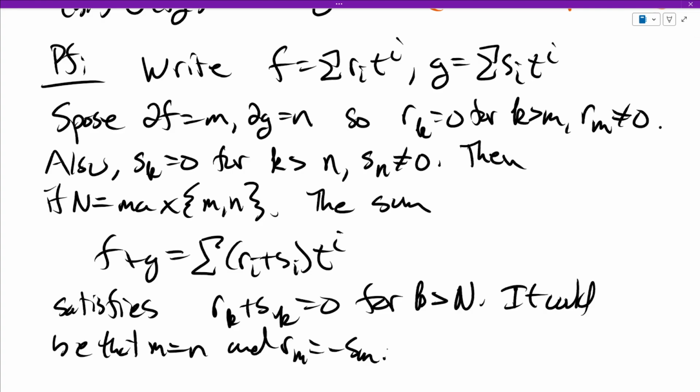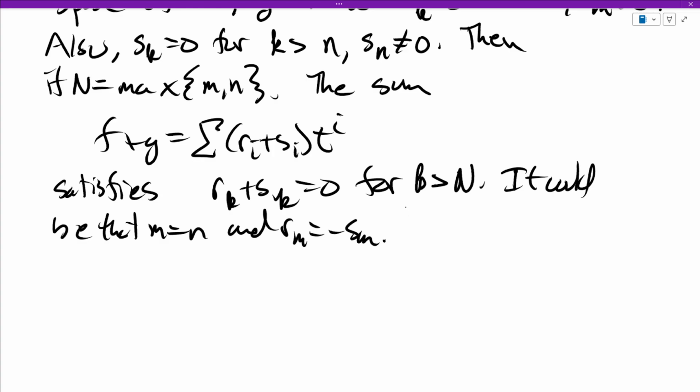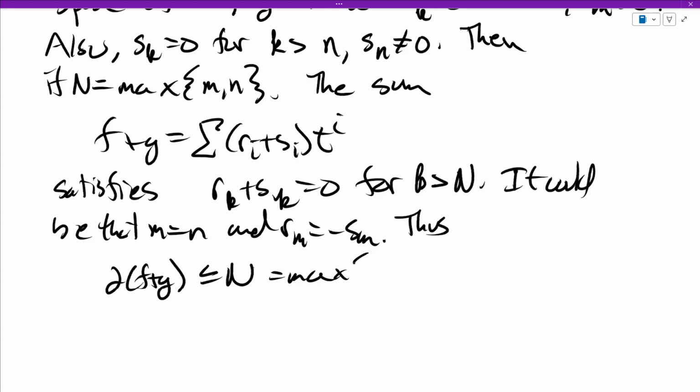And so the degree of f plus g is the degree of 0, which is negative infinity. So it could be that that's true. We don't know. And either way, the degree of f plus g can be no more than N, which is, of course, the max of the degree of f and g. It cannot exceed capital N.